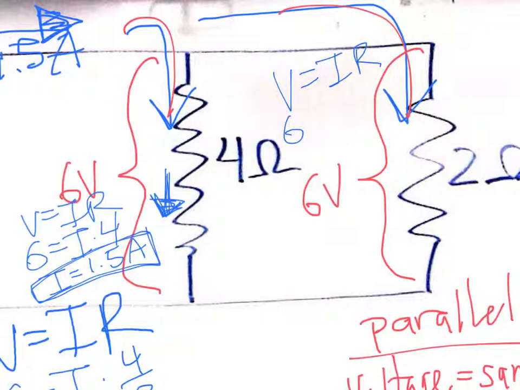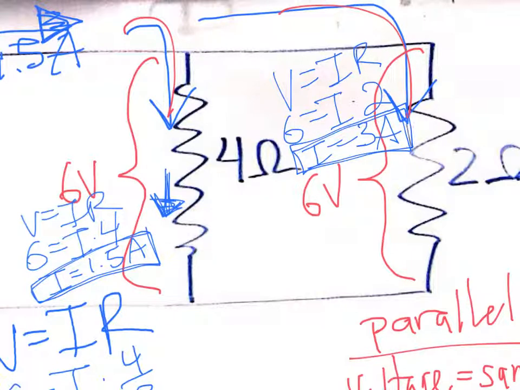We know the voltage across that resistor is 6 volts. We know the current is I. We know the resistance is 2. Holy moly. 6 divided by 2, 3 amps. Wow, it works. So the current through this resistor is 3 amps. Current through this resistor is 1.5 amps. Together, they add to 4.5 amps. Whoa.